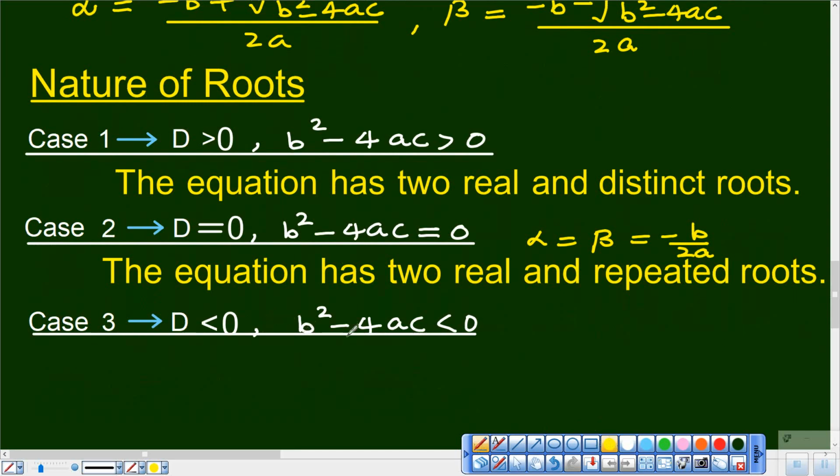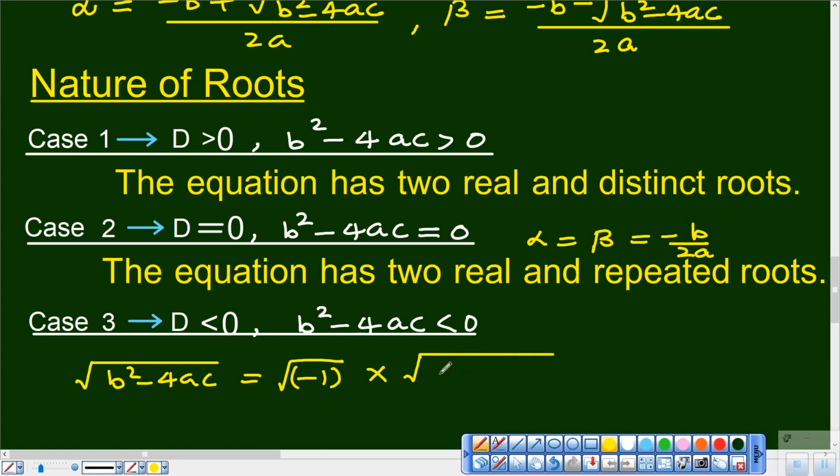That is, I can write square root of b square minus 4ac as square root of minus 1 multiplied with square root of 4ac minus b square. Look at the trick that we have done here.